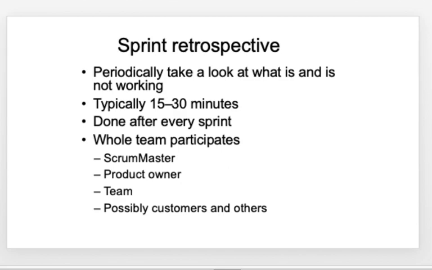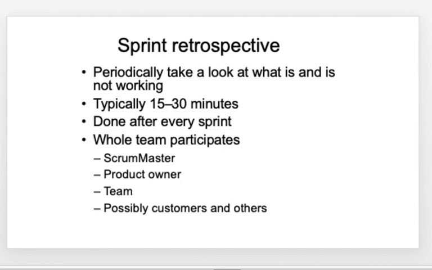Then you call something the sprint retrospective. This happens immediately after the sprint review meeting. This retrospective is basically to have a periodic look at what is and what is not working. It will happen sometime between 15 to 30 minutes, and definitely it should be done after every sprint, after the sprint review.